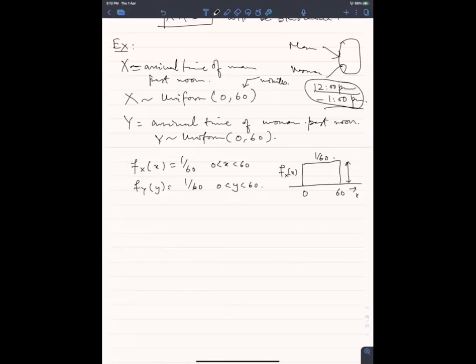So let's say we need the probability that whoever arrives first will have to wait longer than 10 minutes.